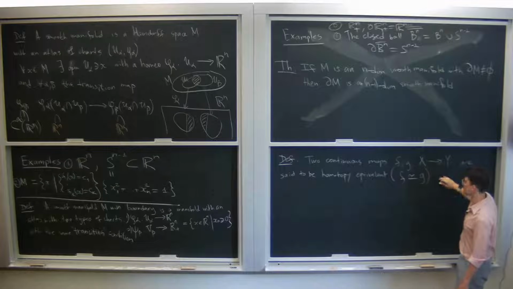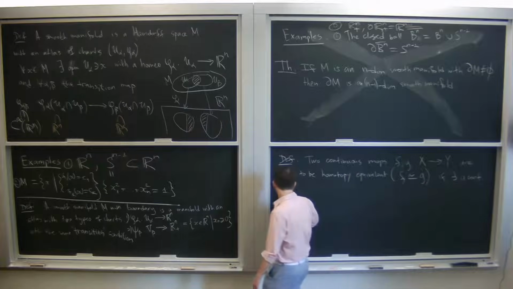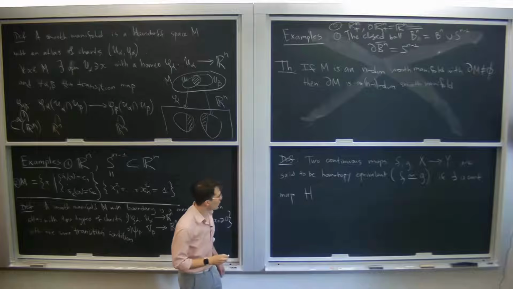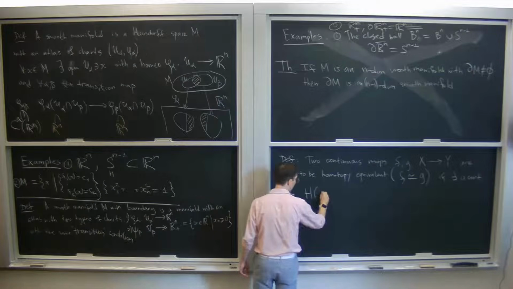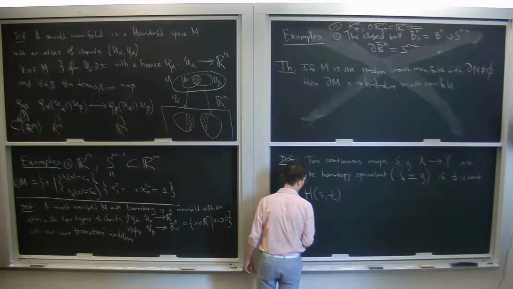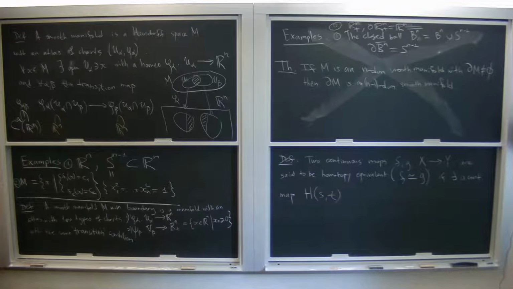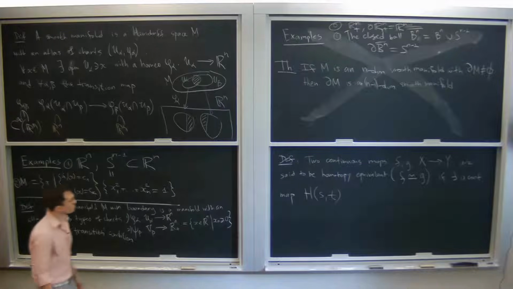Then it is, so if there exists a continuous map H of x, t. I always forget which part goes first.